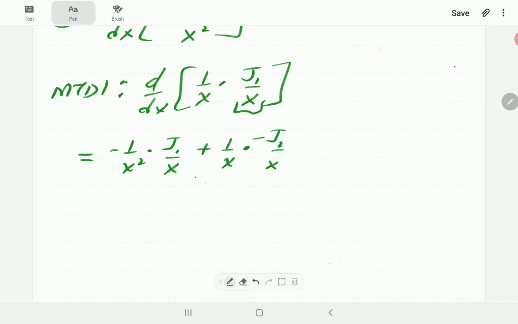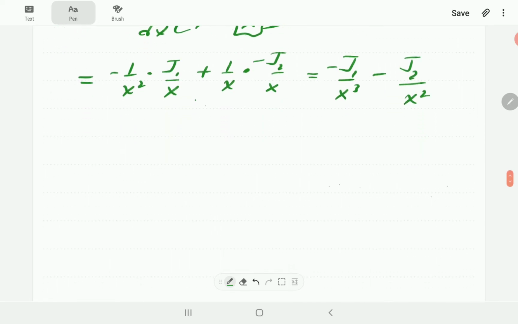So we're going to have to add 1 to the index of J, so we're going to have J2. So this thing is going to give us negative J1 over x cubed minus J2 over x squared. Then we need to write J2 in terms of J0 and J1.